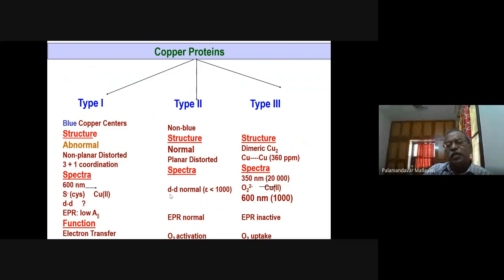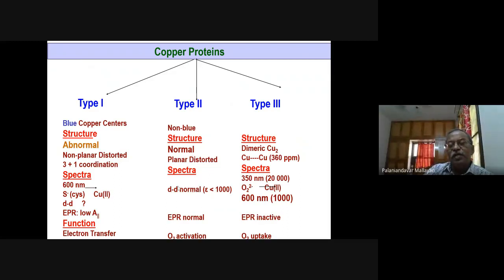You know that an aqueous copper compound or cuprammonium complex will have a d-d transition around 625 nanometers, that is 20,000 wavenumbers per centimeter, and the epsilon will be very low, 12, 50, like that. In the same way here also, the epsilon value, the ease of excitation of this ligand field transition, will be less than 1000. In that sense, they will be normal.